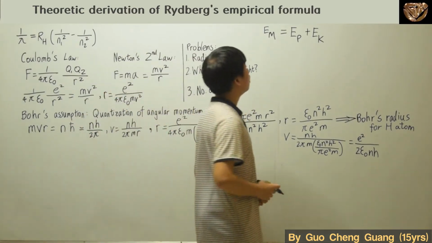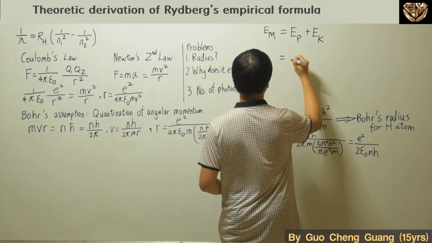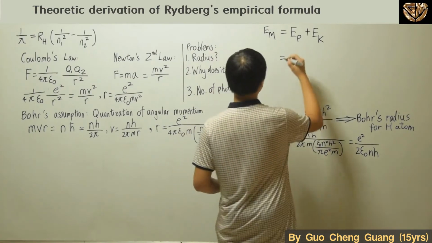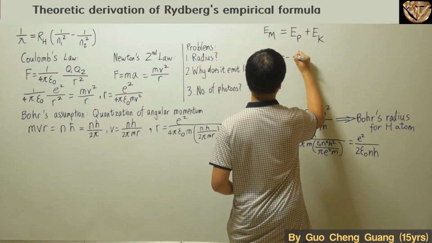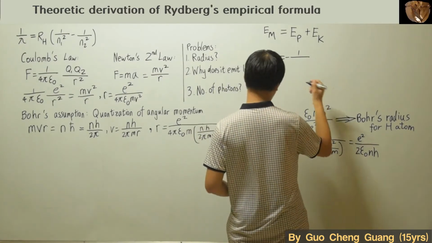For your potential energy, you have Coulomb's law again, which you are going to see negative, again because of your attraction.